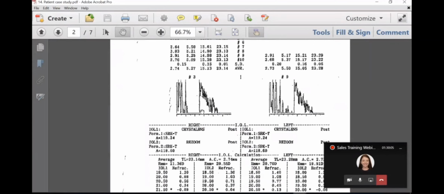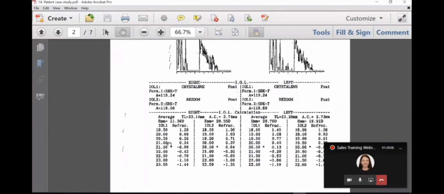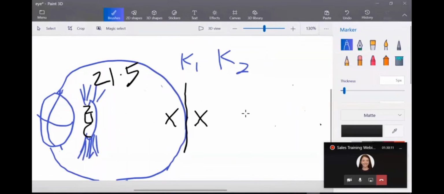So using the spherical equivalent power may not be perfect to correct the astigmatism, because this gap here is 1.62 diopters. That gap is a little bit too much, and you won't get a very good clear vision. So what is needed is a toric lens to correct the astigmatism here.